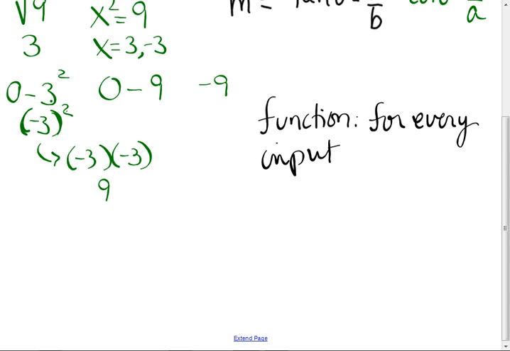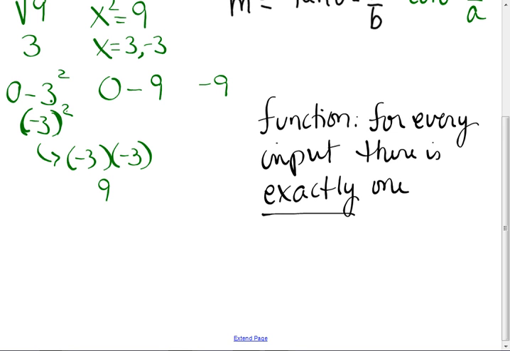So function is, that's why we say it's not functioning, because for every input, there is exactly 1. That means it has to exist. But there can't be any more than 1. So in math, when you use the word exactly, it has a very specific meaning. It means it has to happen, and you get 1. So sometimes when you put your money in the pop machine, nothing comes out, and you still will say it's not functioning.